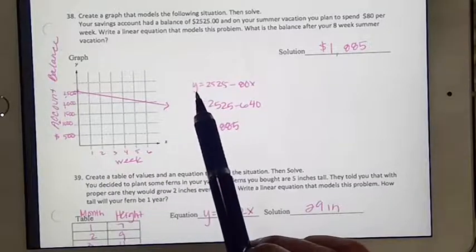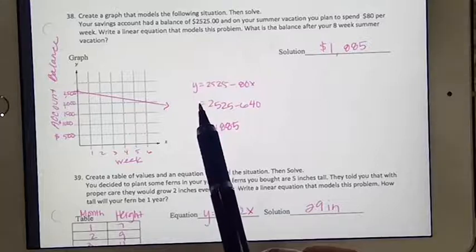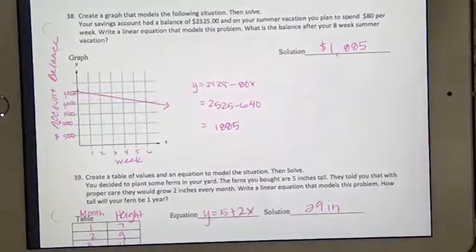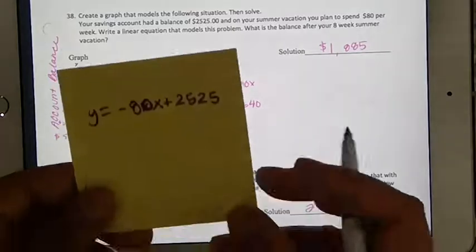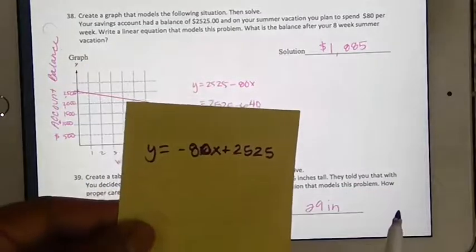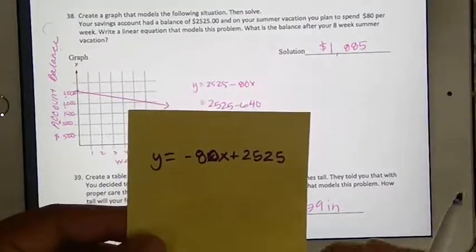What's your equation? So your equation is y equals negative 80x plus 2,525.